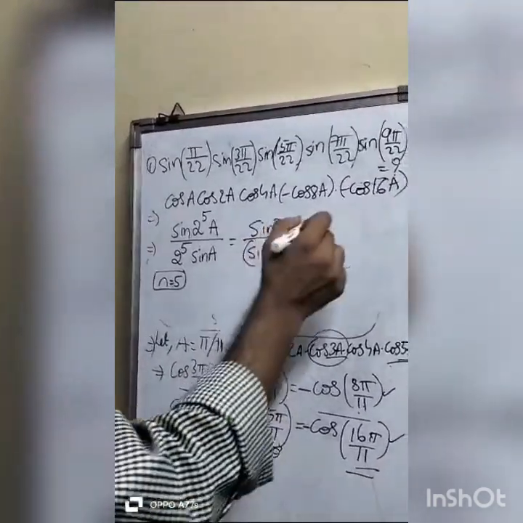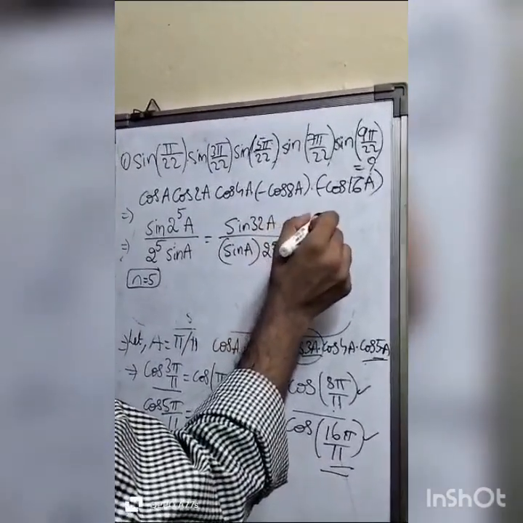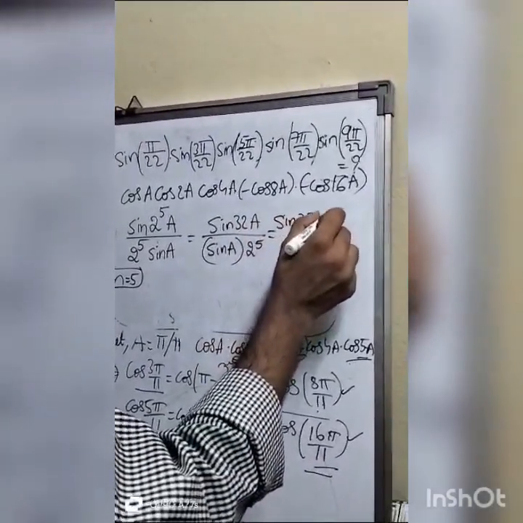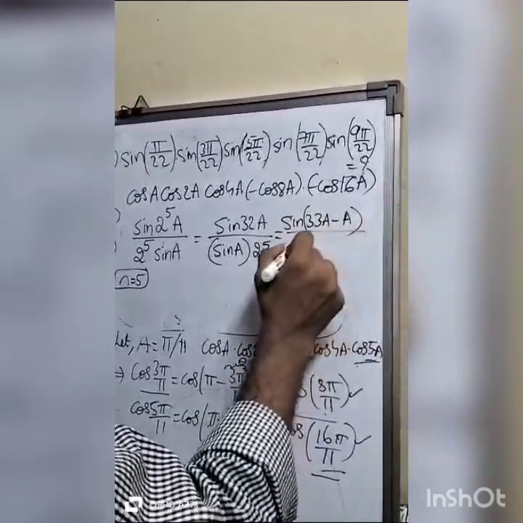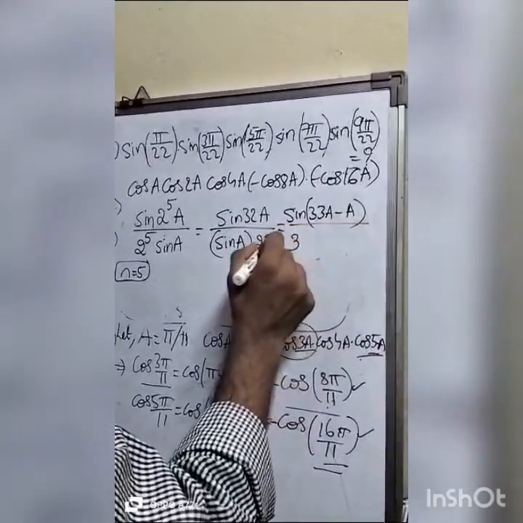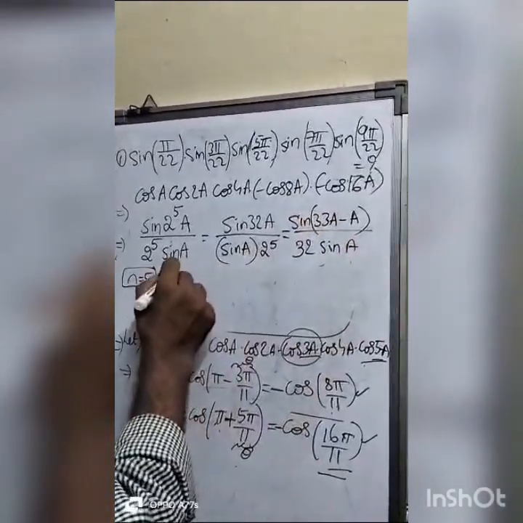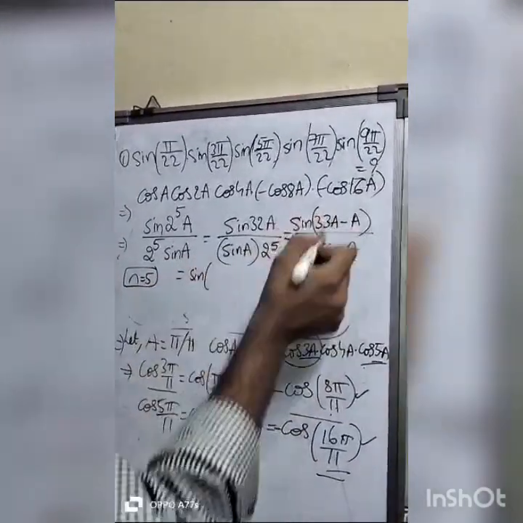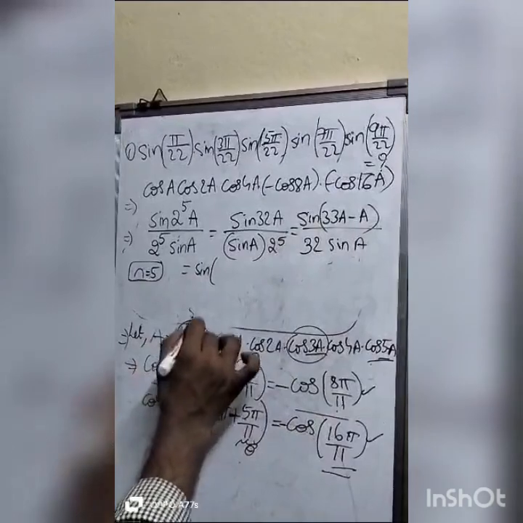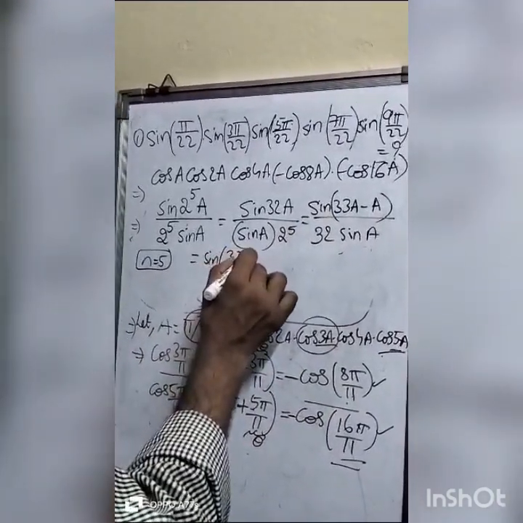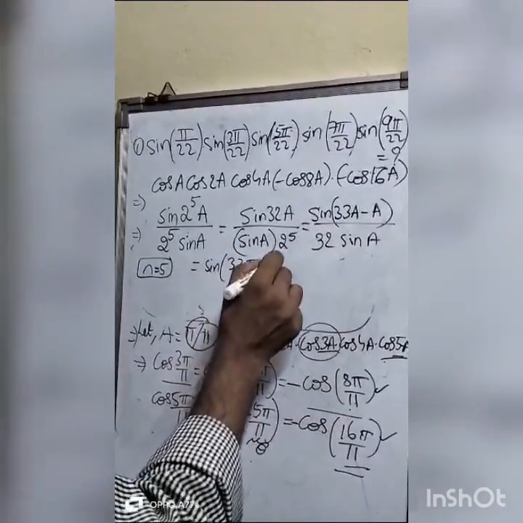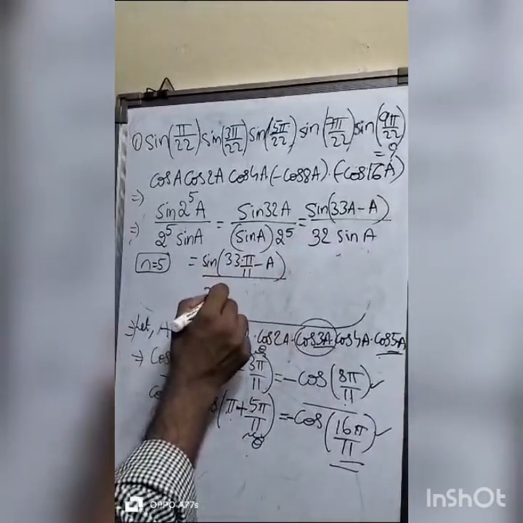Now this 32a can be written as 33a minus a. Why am I writing like that? I will tell you. This is 2 power 5 means 32 into sin a.